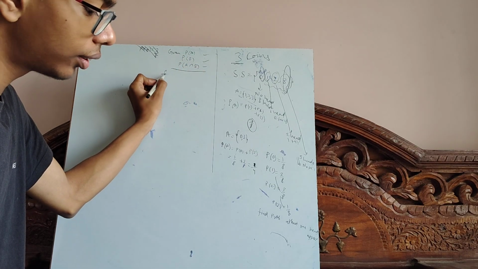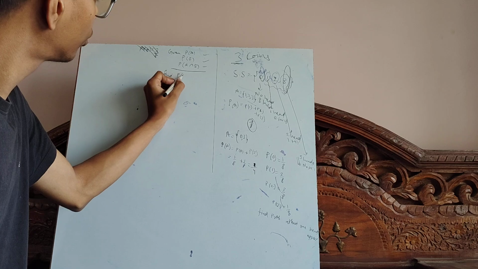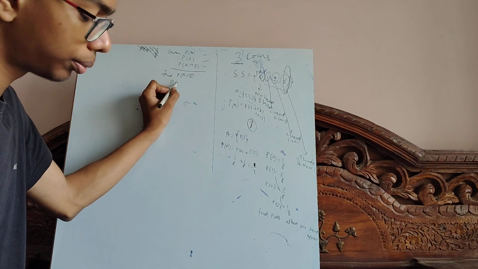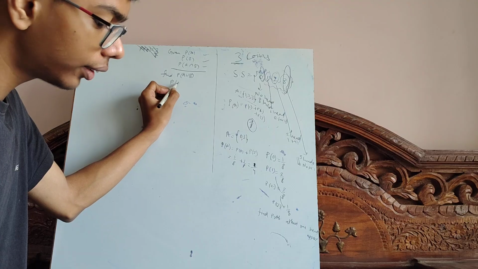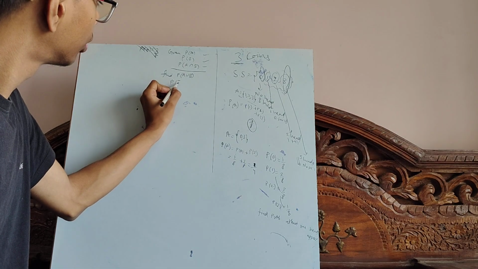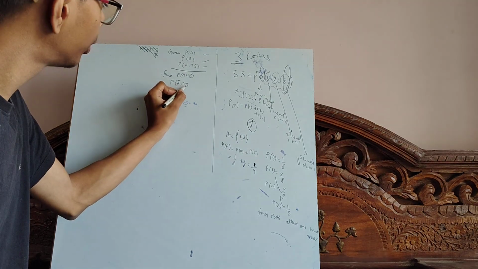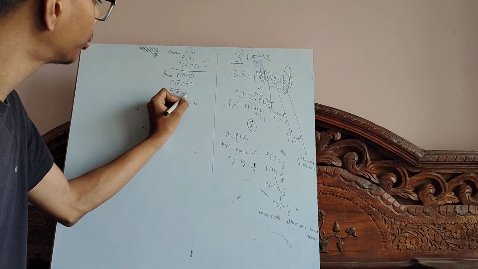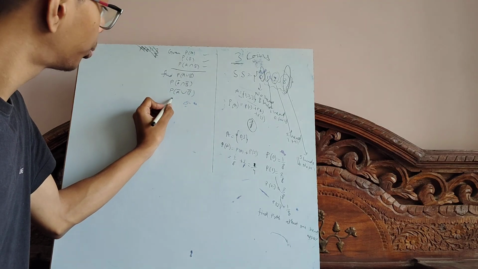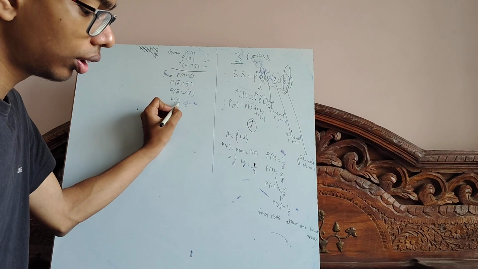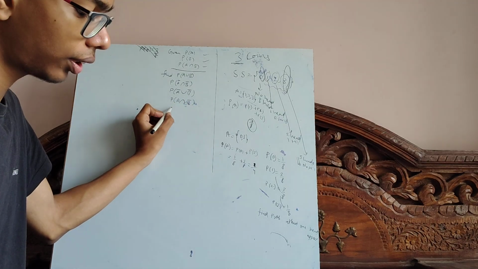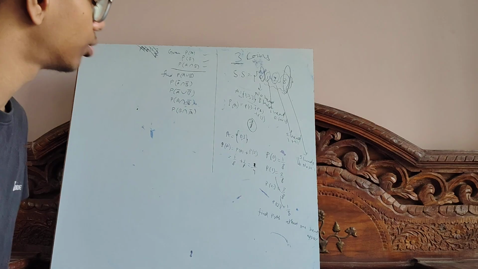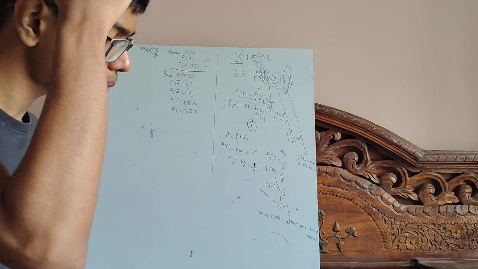I have to find probability of A union B, probability of A complement intersection B complement, probability of A complement union B complement, and probability of A intersection B complement, and probability of B intersection A complement. Right. So one by one we have to find.